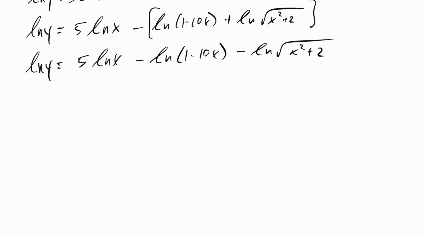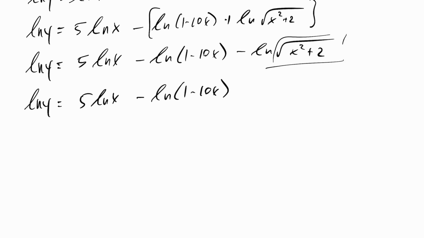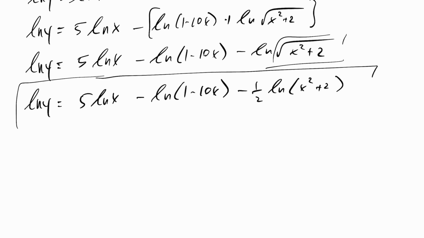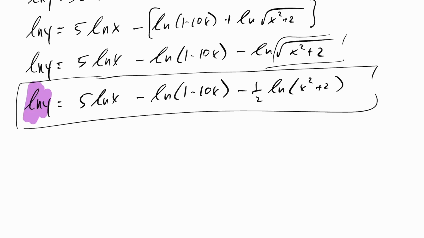And we still have more. I have the ln of y equals 5 ln x minus the ln of 1 minus 10x. Again, here this is to the power of a half, or at least I can drop down the half. And now we have this expression. So by taking the ln of both sides, I've re-expressed this in the following form.